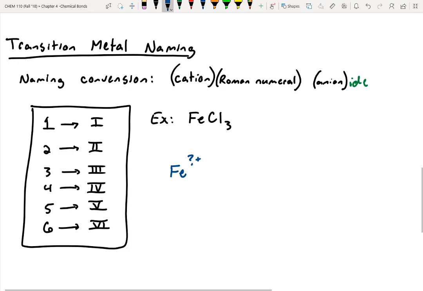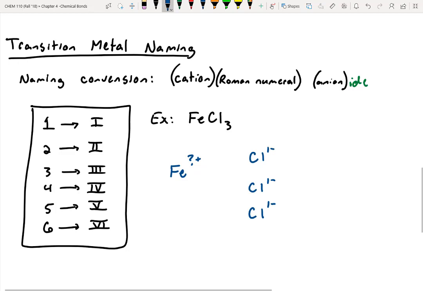We know it's a cation, though. It's listed first. And then we've got 3 chlorine atoms. What charge does chlorine have when it's an anion? It'd be -1. It's in group 7, 7A, so it's a lot easier to gain 1 electron to become an octet. So this would be 1 negative, 1 negative, 1 negative.